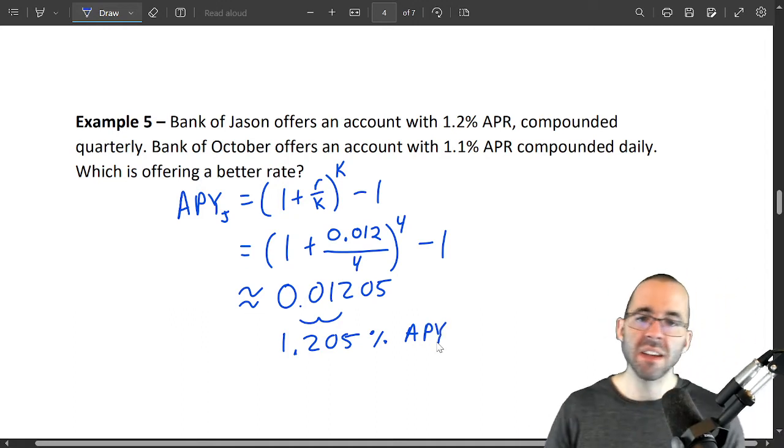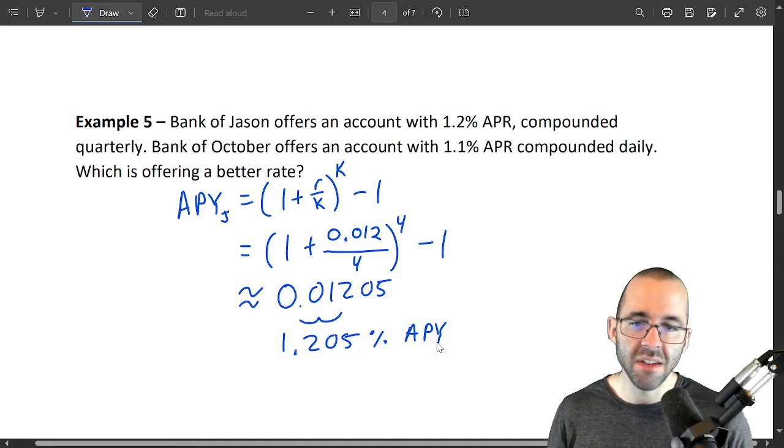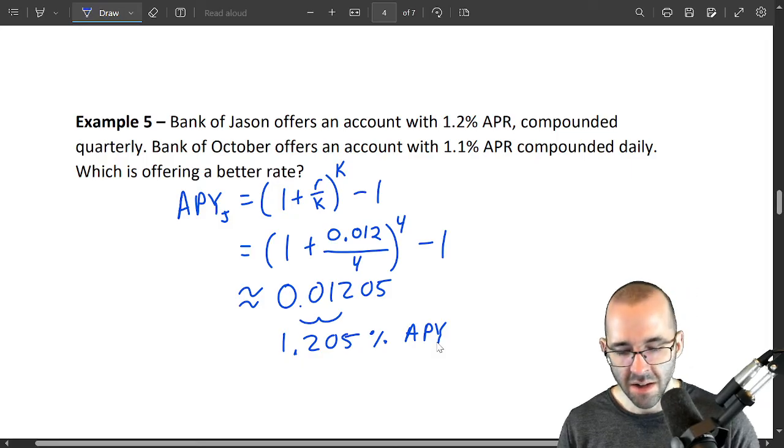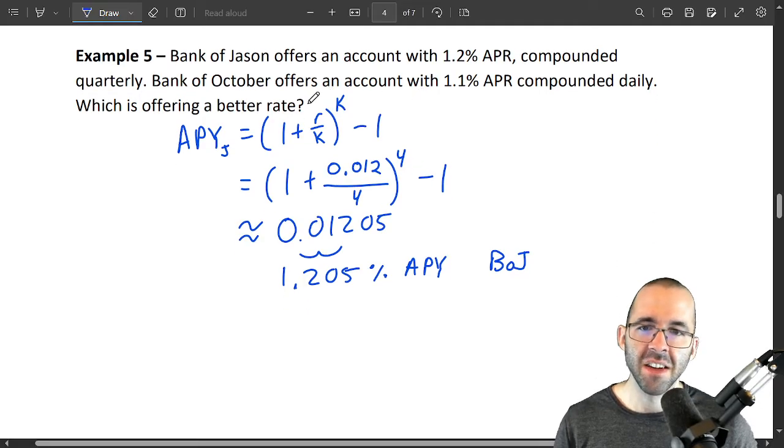Compounding quarterly doesn't give you a lot of extra stuff. It's not compounding that often, so the APY is pretty close to the APR, right? 1.2% APR, 1.205% APY. They're pretty similar. This is the Bank of Jason, BOJ. Cool people call it BOJ.